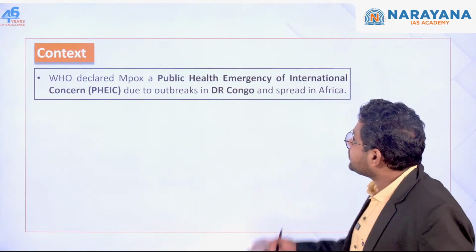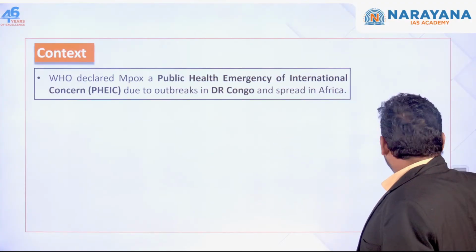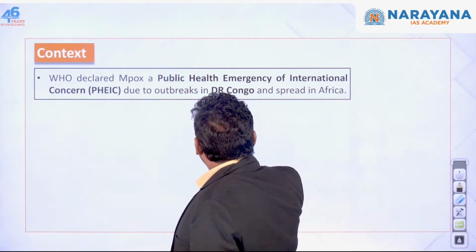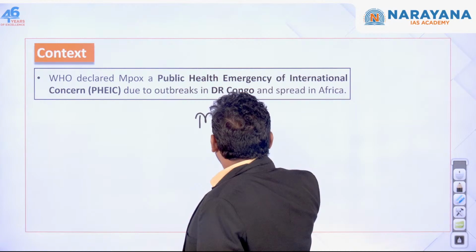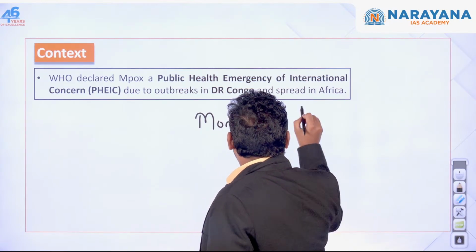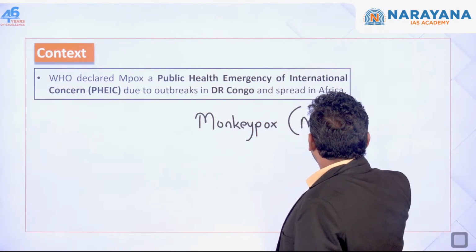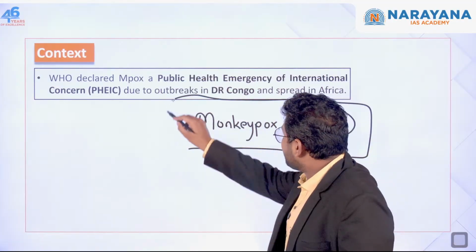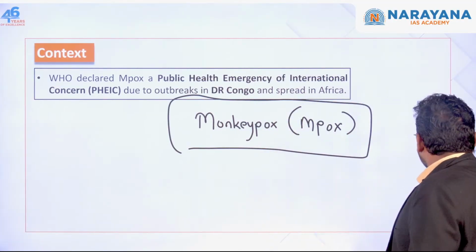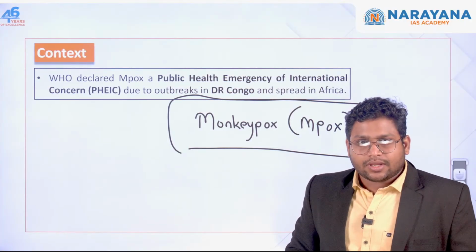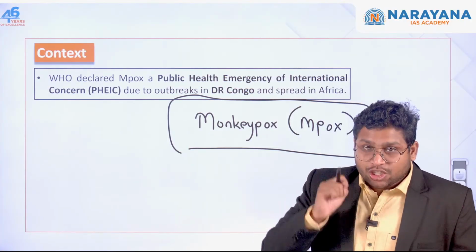Okay, now see, another article is related to something called mpox, or in short, you must have heard about this disease called mpox or monkeypox. Now, this disease was in news.